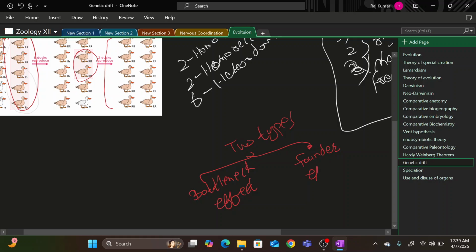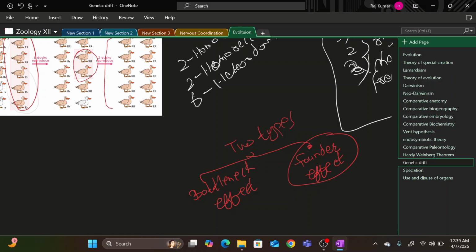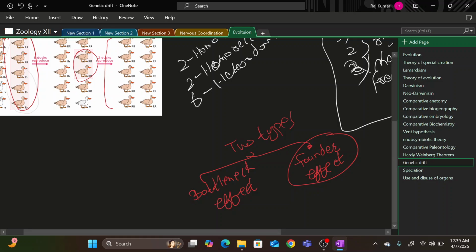The founder effect is the one in which there is a large population, and out of that large population a small amount of population is taken away and separated.